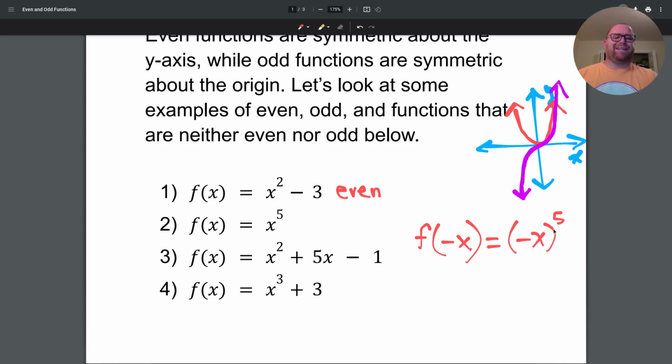Now, when you raise a negative to an odd power, you get a negative. So this is going to be the same as negative 1 times x to the fifth. So f of negative x is the same as negative 1 times f of x. So this is an odd function.